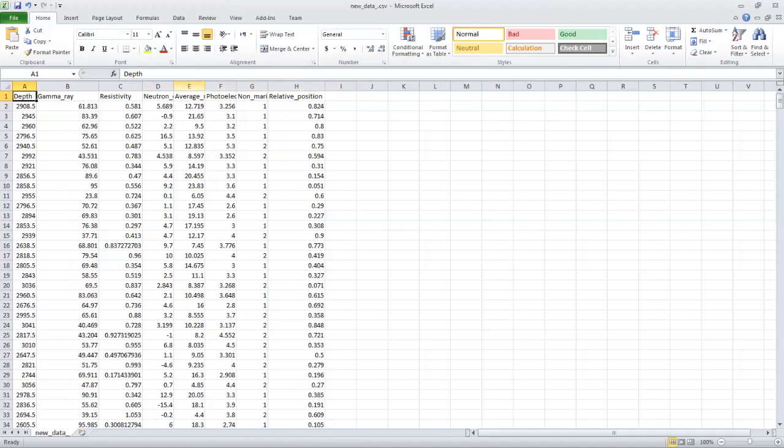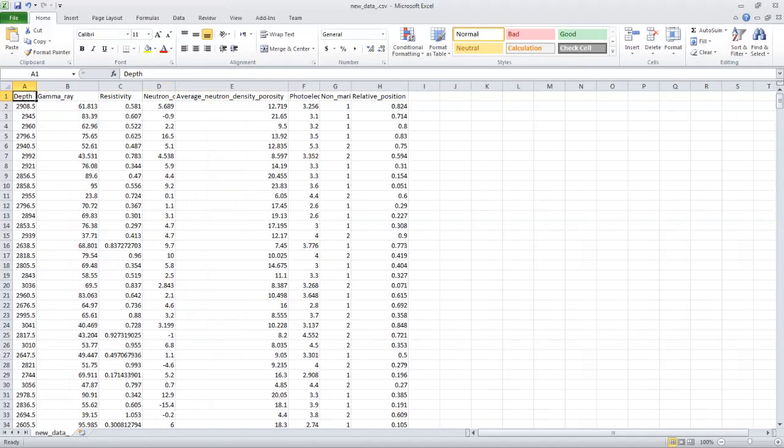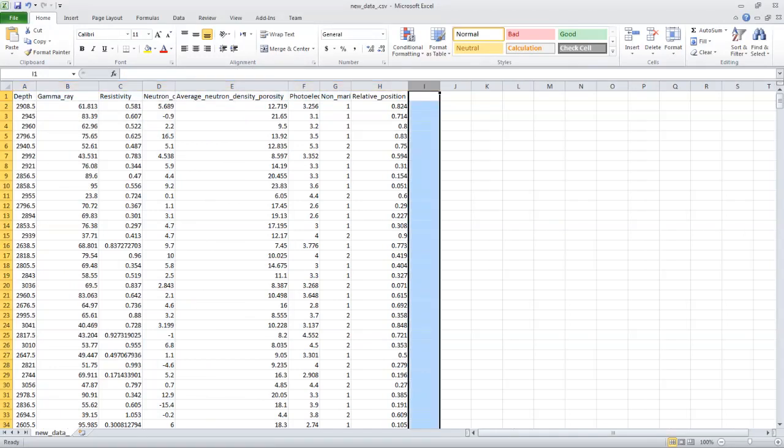I have everything except the Facies class. So what I can do is give this data set. Just make sure that the column names are exactly the same as the historical data that you uploaded, otherwise it's not going to work. But if you have all the columns that you used to build your analysis, except the target column, which was Facies class, then you're good to go.